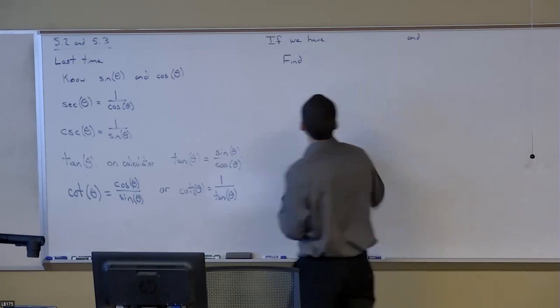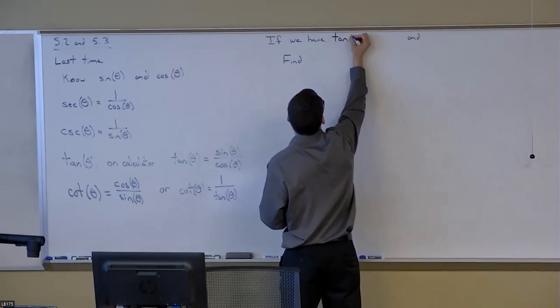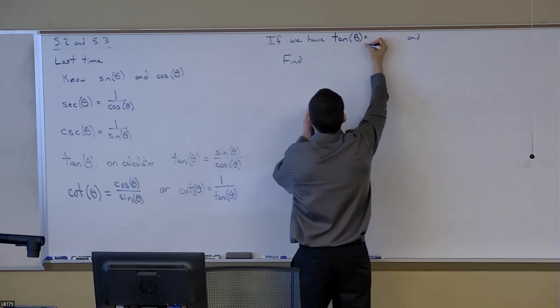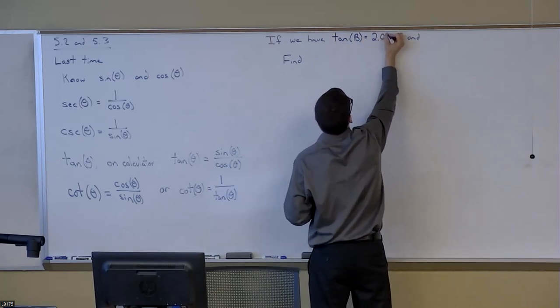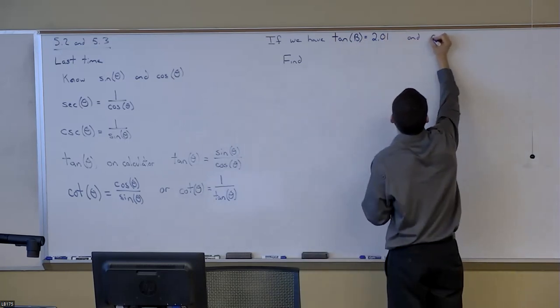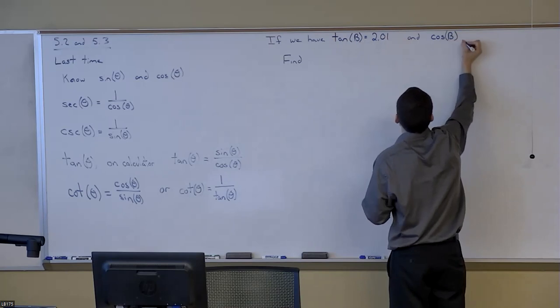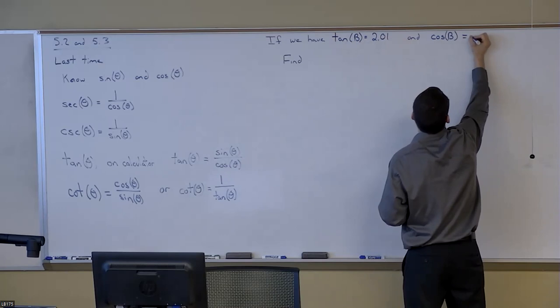Let's say I know tangent of an angle, I'll call the angle B, capital B, is equal to 2.01. And I know that cosine of angle B is negative 0.45.